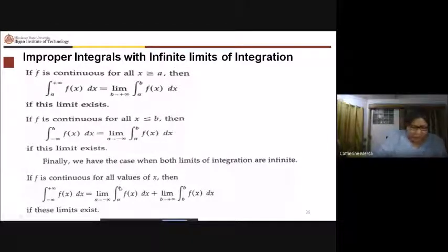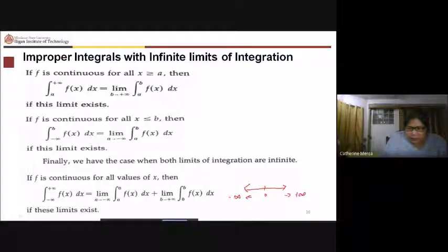Here is the 0. On this side is your negative infinity. On this side is your positive infinity.